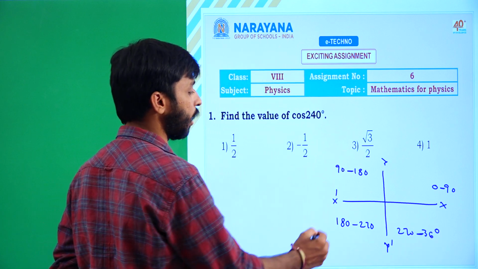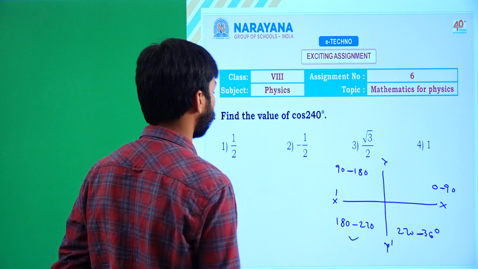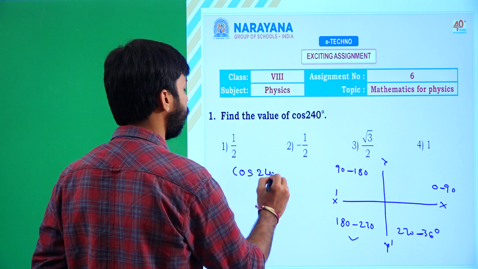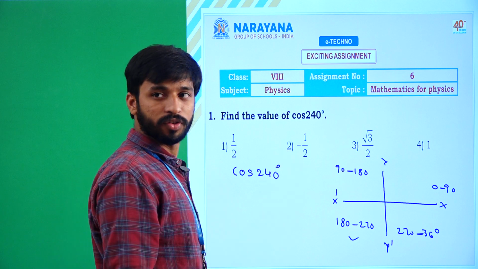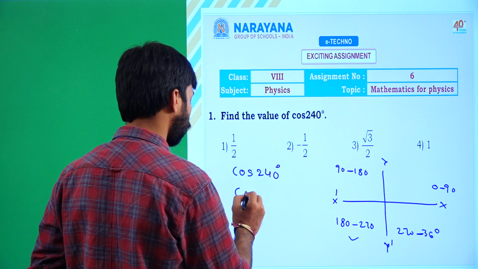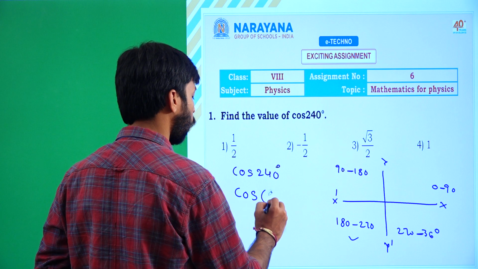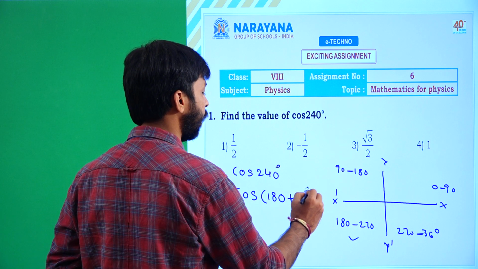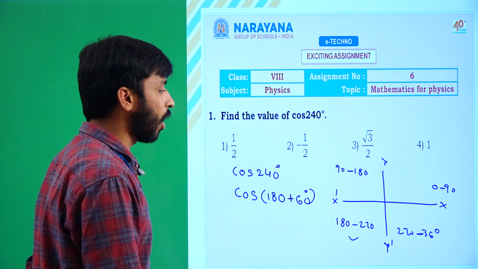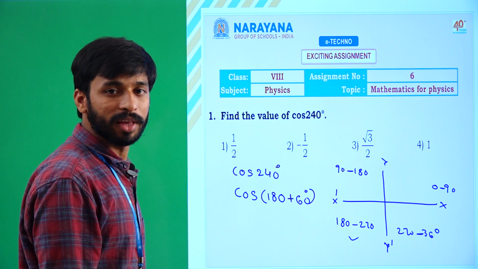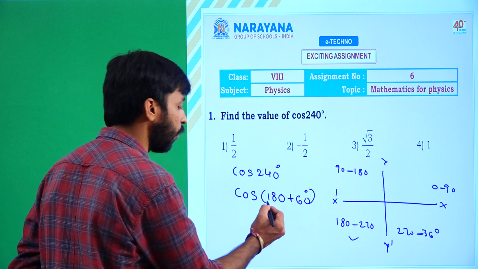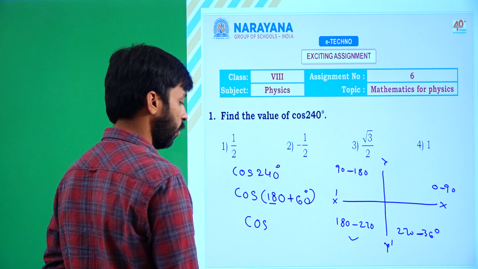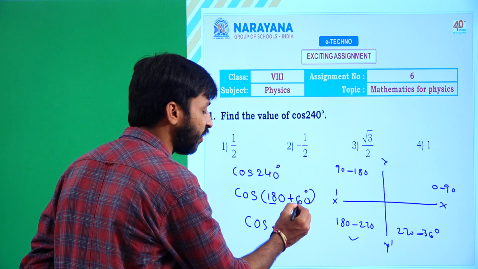So 240 belongs to this section. So cos 240 degrees is equal to cos of 180 plus 60 degrees. Here 180 is an even multiple of 90, so cos will remain, okay, 180 plus 60.